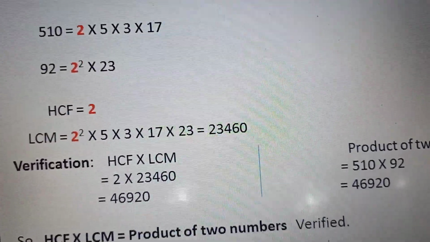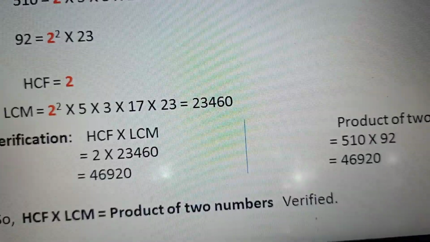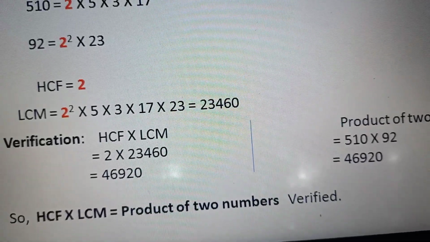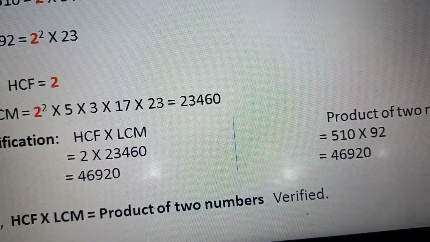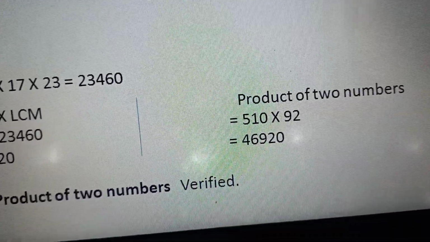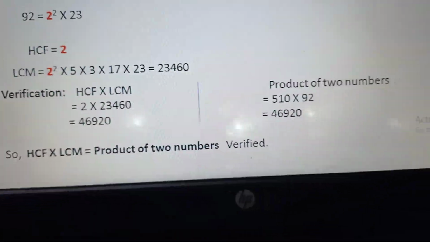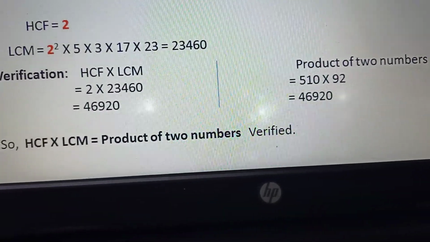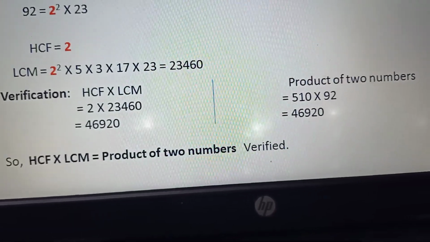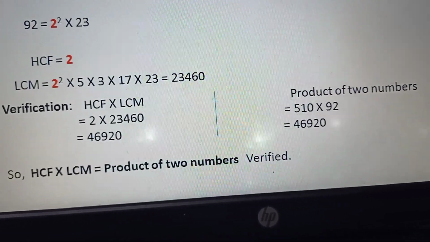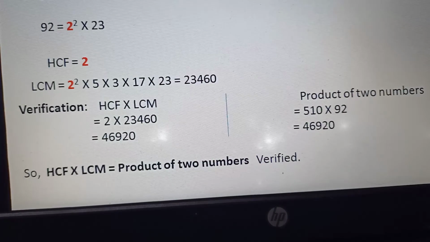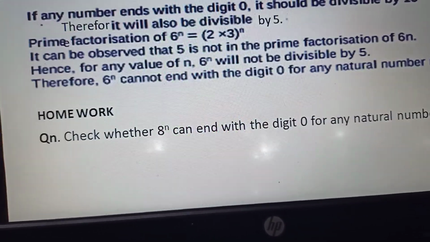Verification: first find HCF into LCM, then find the product of the two numbers. Both are the same. So you can tell HCF into LCM is equal to the product of the two numbers. It is verified.